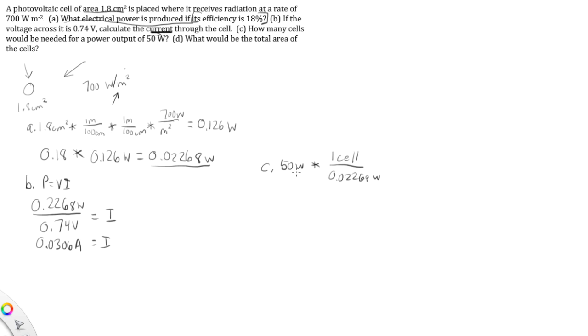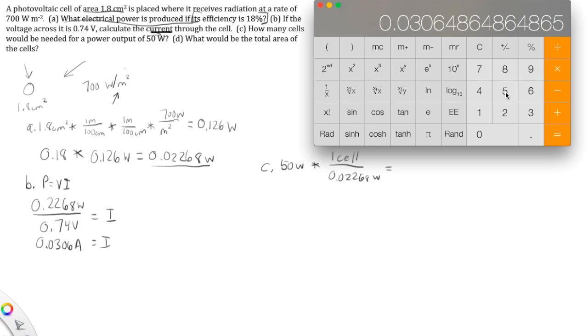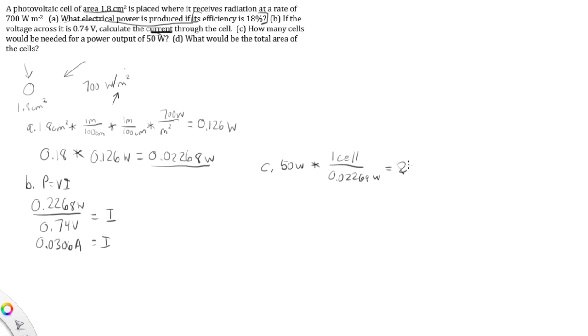So now we're going from watts to cells, and if we do this, we should get 0.02268, and that gives us 2,204.5, or 2,205 if we round up, cells to get 50 watts of power.